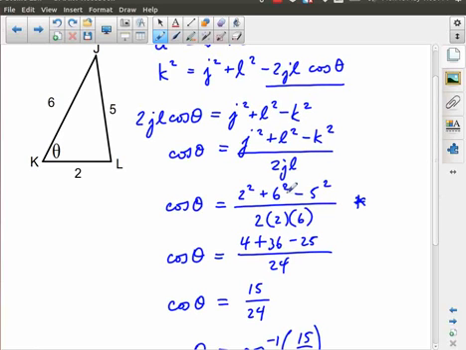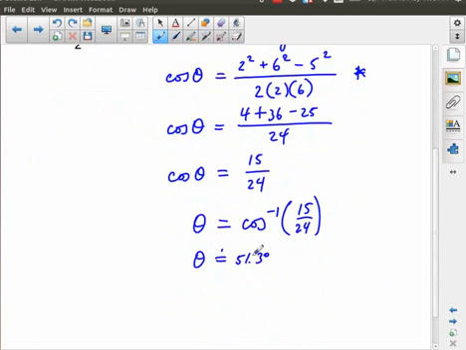So 2 squared plus 6 squared minus 5 squared is equal to 15. I got that part right. Divided by 2 times 2 times 6, I'm pretty comfortable with that. And then I take the inverse cosine of my answer, and once again I end up with 51.3. So I'm pretty confident that that's the correct answer for this one.